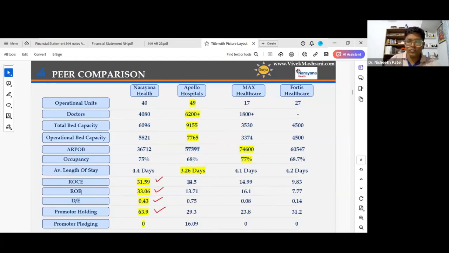So among these, it is seen that the maximum ROCE we are getting is from Narayana Health. ROE is 33%. Apart from that, Apollo has 13% and 14% of ROCE. Okay, and Fortis Healthcare is 9.8 and 7.7%.